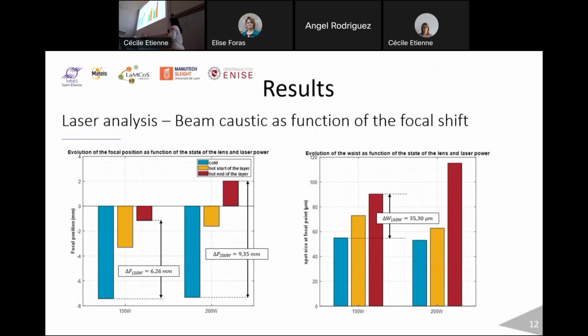And of course, it changes the waist of the laser, so the spot size at the focal point, and we also have a spread of the waist, about 30 millimeters at 150 watts and 60 at 200 watts.